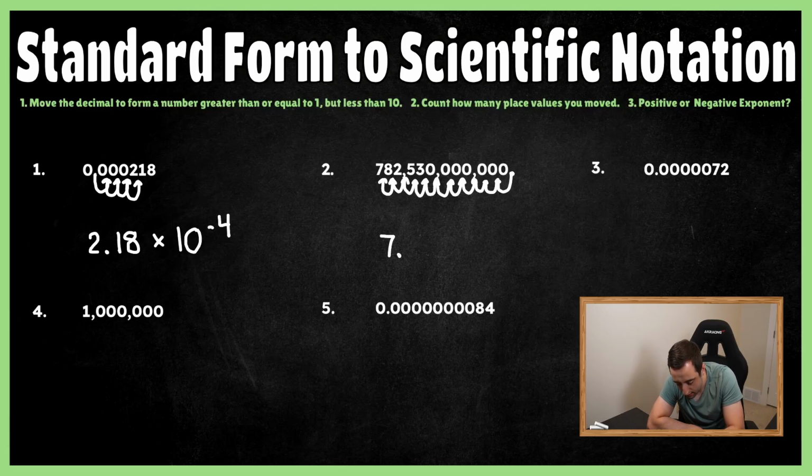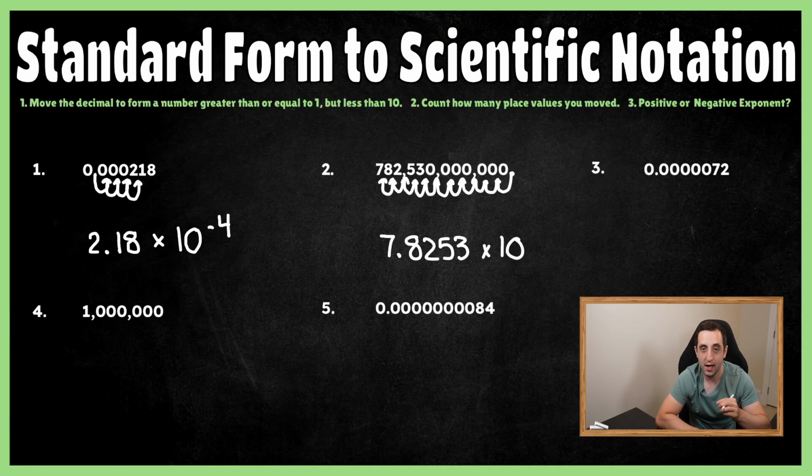So we have 7.825 times 10, and we're going to raise it to a power of 10, and we move this 11 times to the left, and our number this time around is larger than 1, meaning that our power is going to be a positive 11 instead of a negative 11. So if you move it to the right and the number's less than 1, it's definitely going to be a negative power. For number 2, we moved it to the left. Our number's larger than 1, so our power is going to be positive.